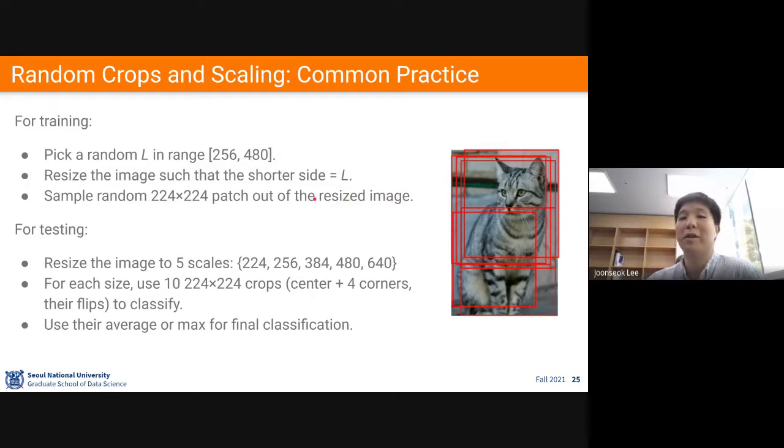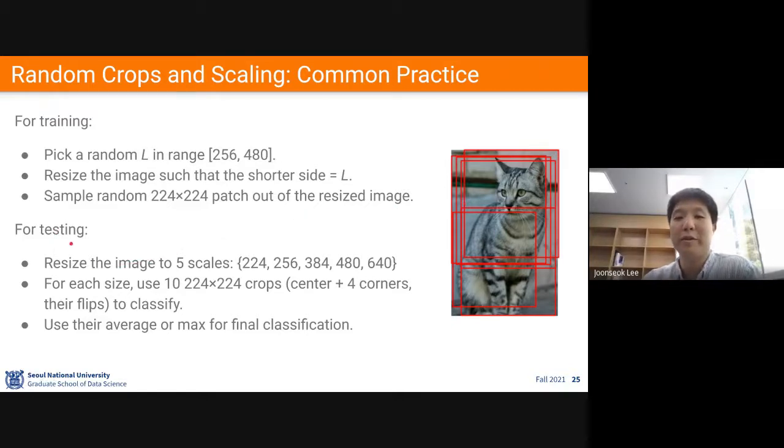Which means, given the image, you resize it to a different scale, where the side is some number between these two, and then you apply a random crop of this size to get a different scale and different part of the input image, randomly.